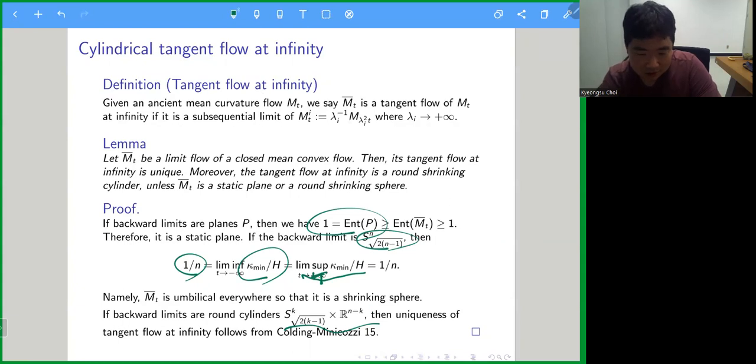So to show the uniqueness of tangent flow, we have to show that the limit does not rotate and converges to a certain fixed round cylinder. And that comes from the Colding-Minicozzi paper, which is kind of an analog to Leon Simon's uniqueness of a tangent cone of a minimal surface at an isolated singularity.